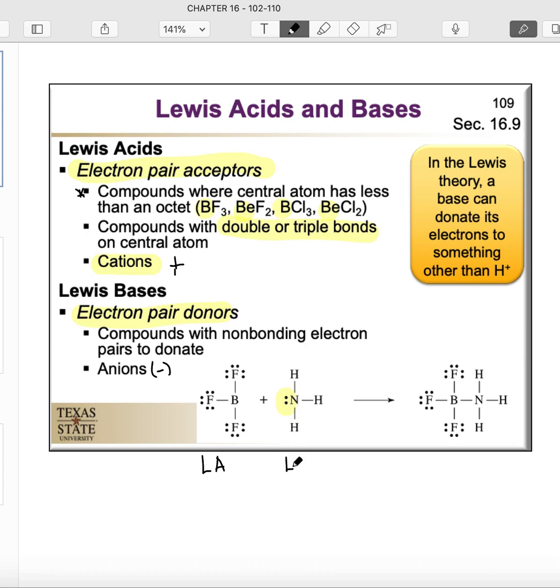This is going to act as our Lewis base. And the Lewis acid is going to be accepting the electrons, the Lewis base is going to be donating the electrons, and they're going to come together and form this covalent bond between the two. That covalent bond is formed by the sharing of that pair of electrons between the two.